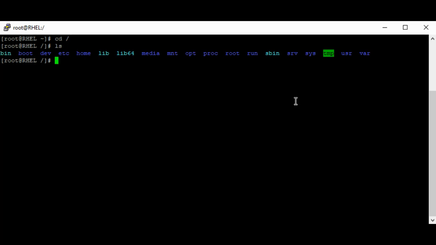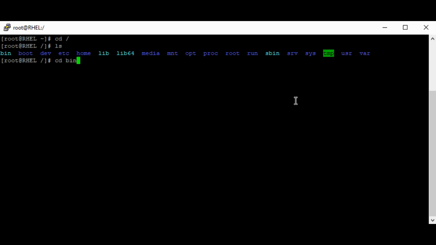Bin means binary. So this directory contains the applications that are necessary for the operating system to function. For example, we have applications like cat, ls, and cp, which is used to copy files in the Linux operating system.